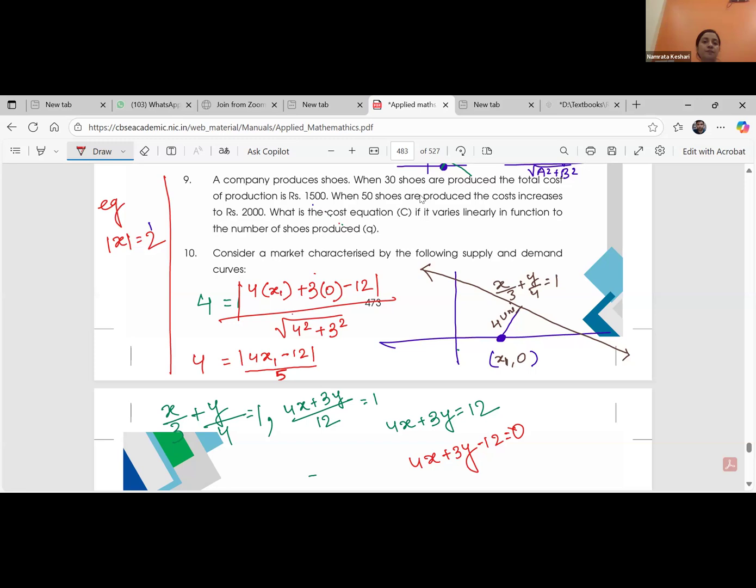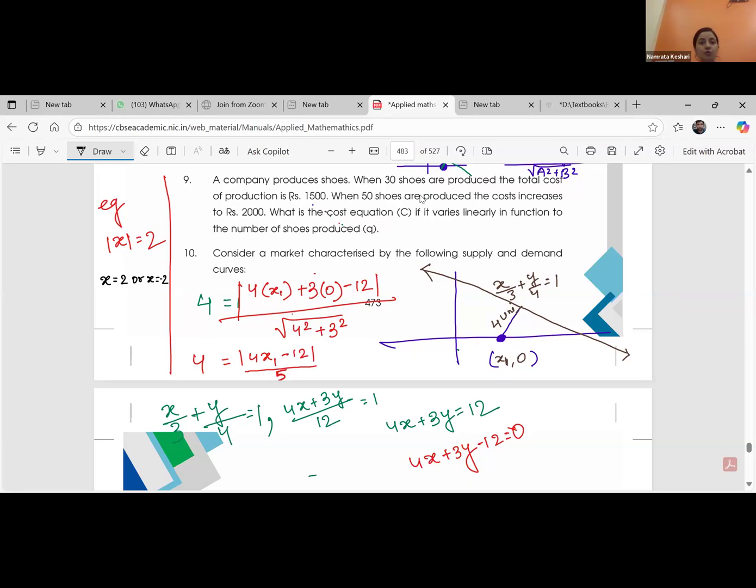If the value of the modulus of x is 2, that means the number x could be a positive 2 and the mod just returned the same number, or there was a negative number inside the mod and it made it positive. That's the job of the mod. So when mod of x is 2, there are two possibilities: x is 2 or x is minus 2. If you understand that, you will never make a mistake.